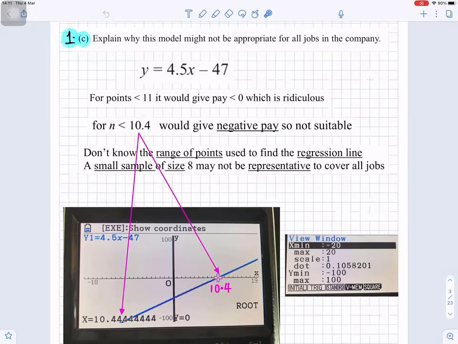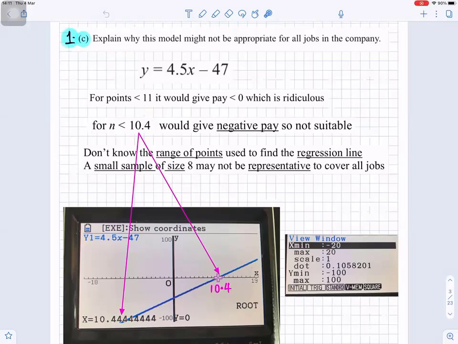For x less than 10.4, it would give negative pay, so not suitable. You can see how we got 10.4 from that. When you plot the straight line graph y equals 4.5x minus 47 on the graphics calculator, it crosses the x-axis at 10.4. So when x is below 10.4, you will get negative pay, which is not suitable.